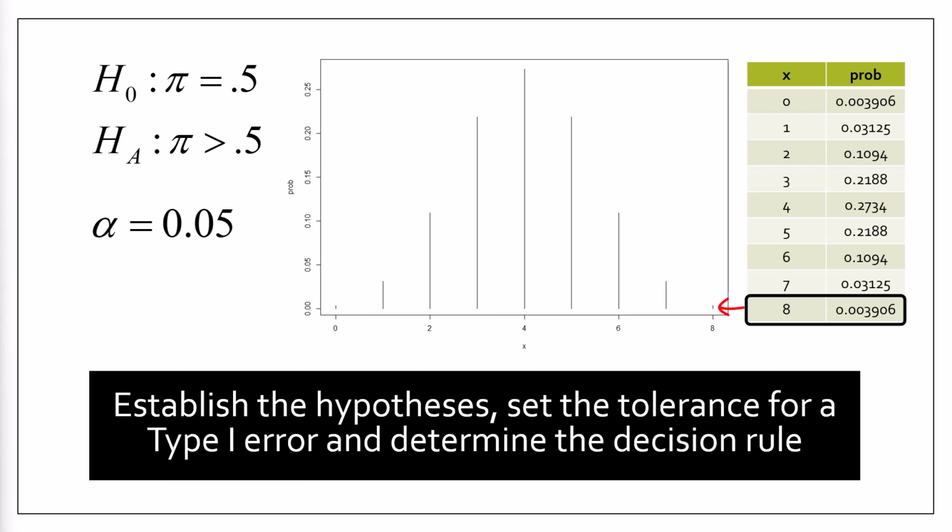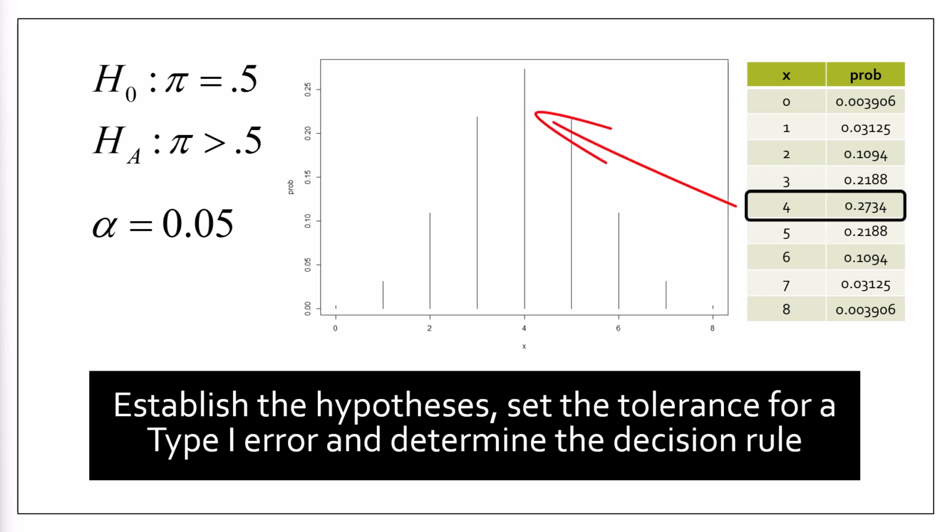If pi, the probability of success, is 0.5, then what's the possibility that 8 out of 8 will be successful? And that is, again, a low probability of 0.003906. You notice that right in the middle, 4 out of 8, is where we have our highest probability. It's not surprising that the highest probability is 4 out of 8, since we're hypothesizing that pi is 0.5. The probability of success is 0.5.